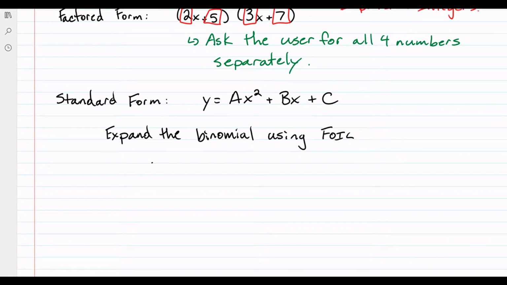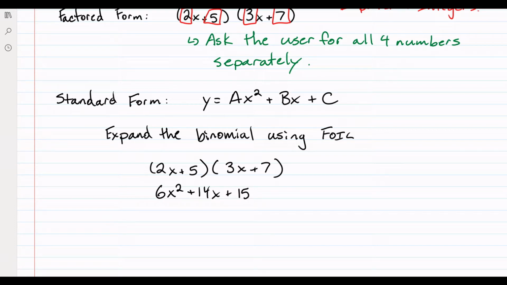So what would that look like? (2x + 5)(3x + 7). The first gives 6x². The outside would be 14x, the inside would be 15x, and the last would be 5 times 7, which is 35.